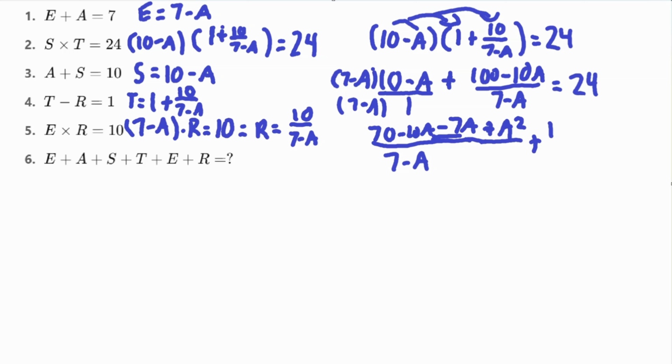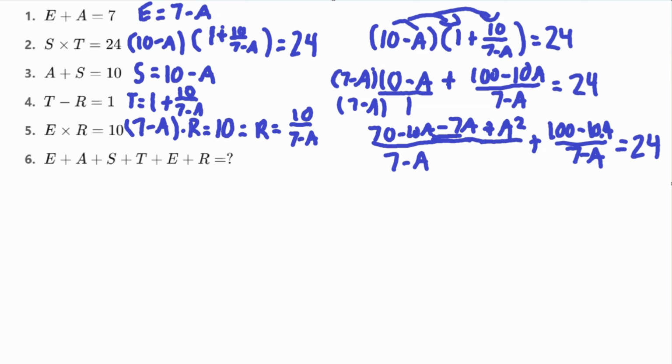And this is still plus 100 minus 10A over 7 minus A, is equal to 24. So now we can combine these expressions together since they are over the same denominator.